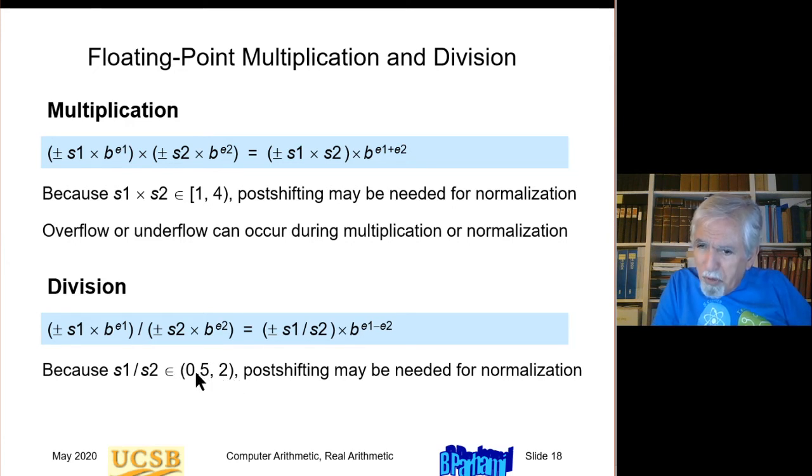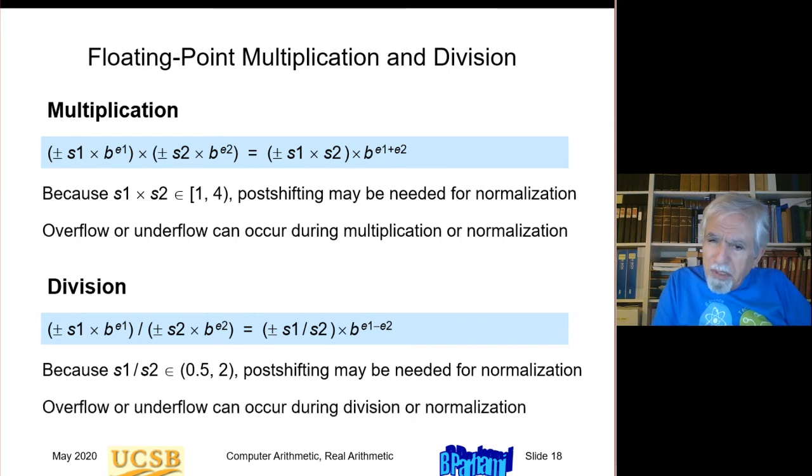It cannot be 0.5 and it cannot be 2. Again, I can divide this range into two subranges, 0.5 to 1 and 1 to 2. The 1 to 2 part is already in the proper range for the standard format. 0.5 to 1 is too small by a factor of 2. So I multiply the significand by 2 by left shifting it and then subtract 1 from the exponent.